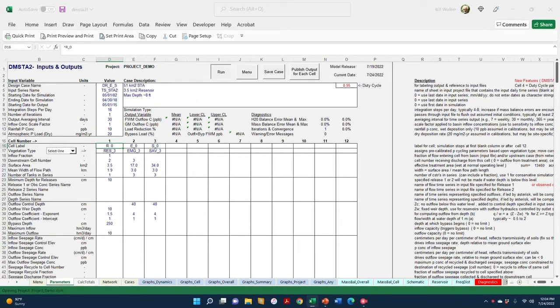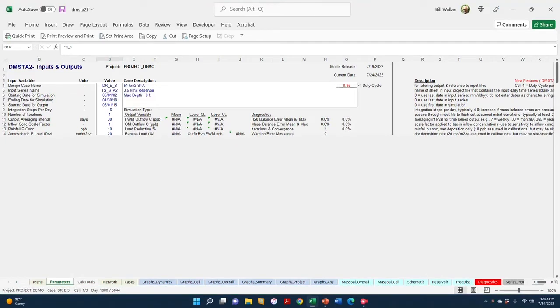Okay, so here's your reservoir, 3.5 square kilometers, 8 foot.